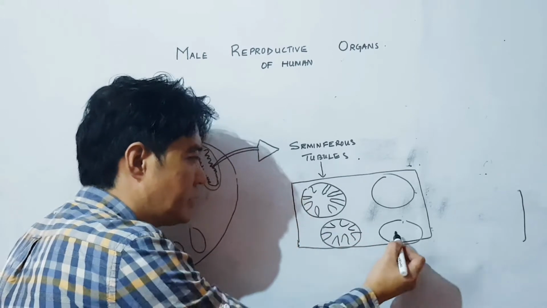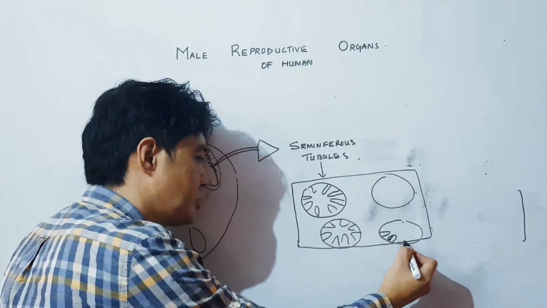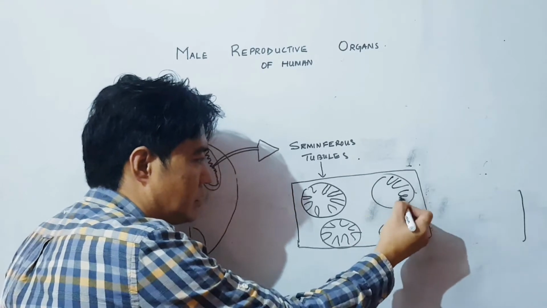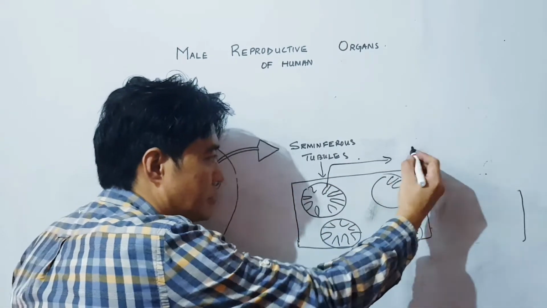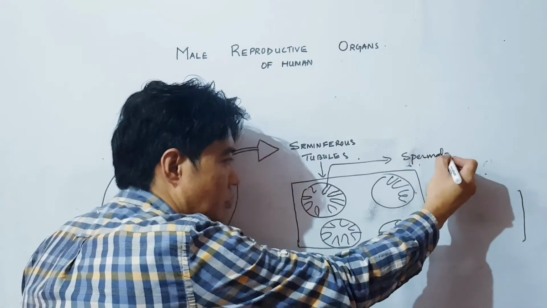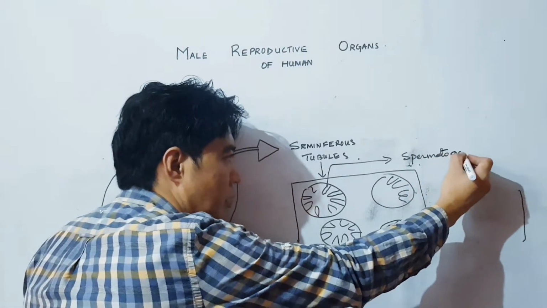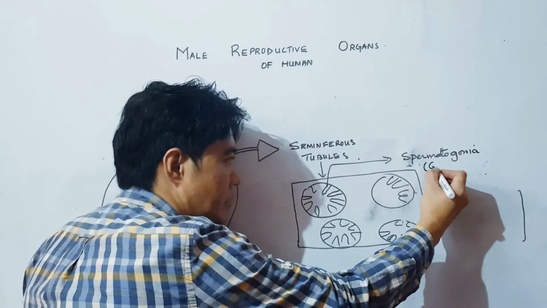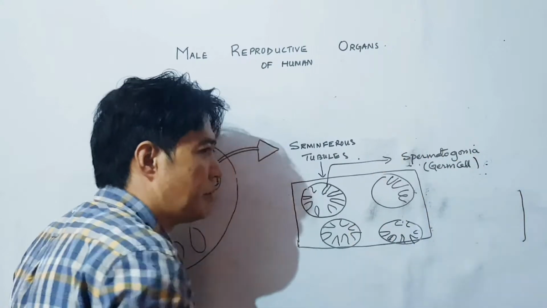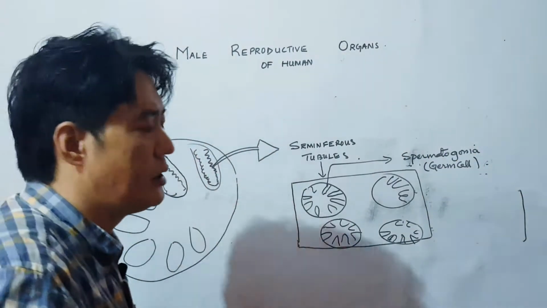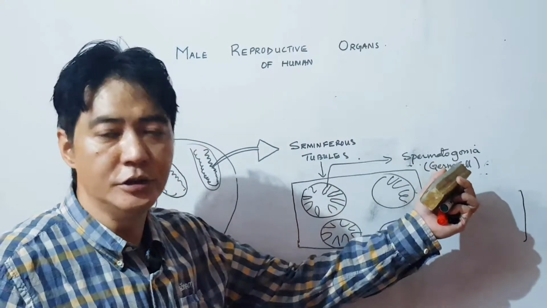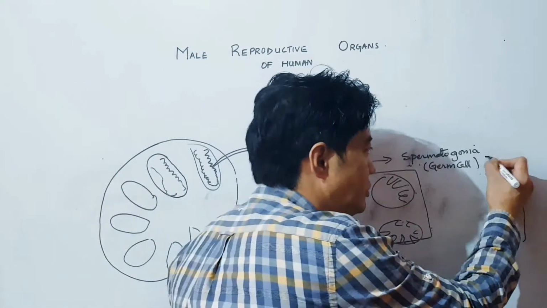All these elongated, matured cells are germ cells or spermatogonia. Afterwards, these spermatogonia or germ cells mature, or develop, into sperm.